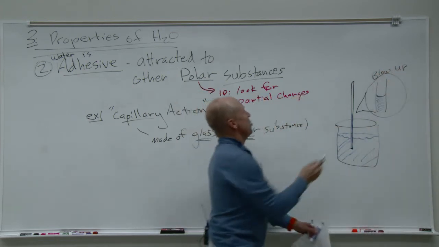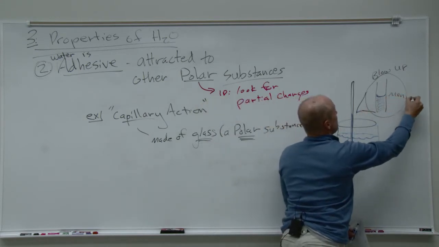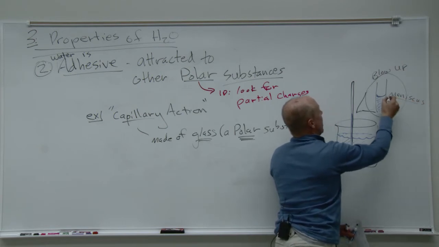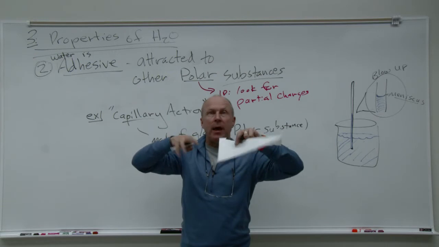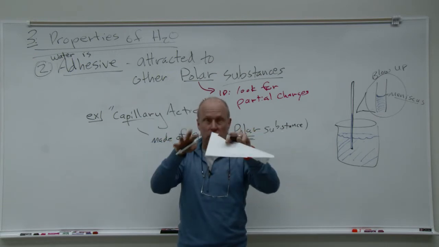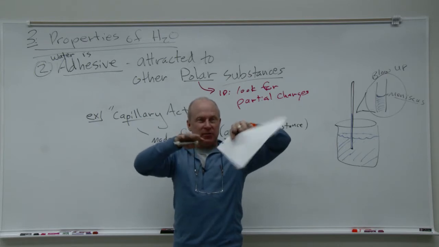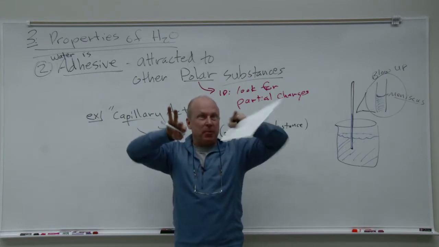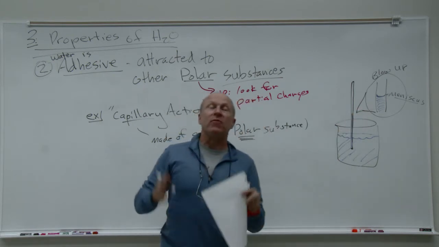So what's happened, you can even see here, the structure is called the meniscus. But what's happening is that the water likes the opposite charge, the polarity of the glass so much that it binds to and kind of creeps up the side. You can see that happening right here. That's an example of adhesion.